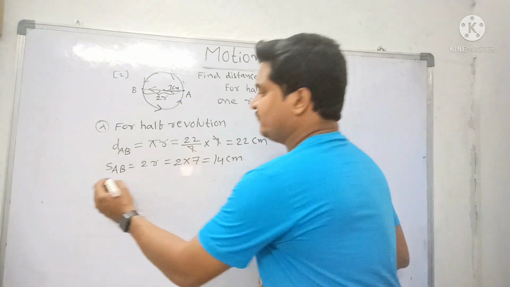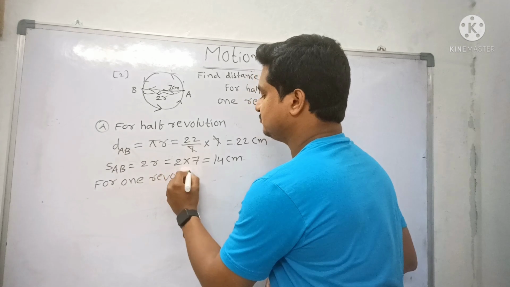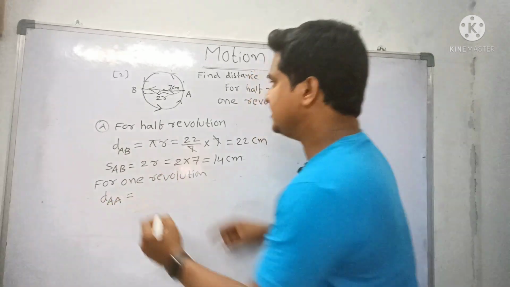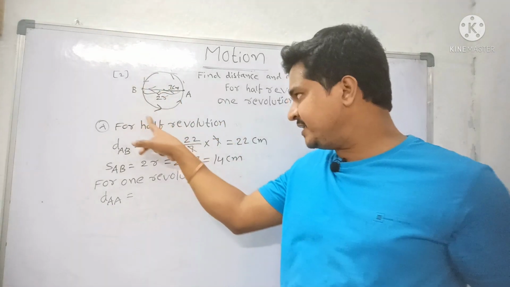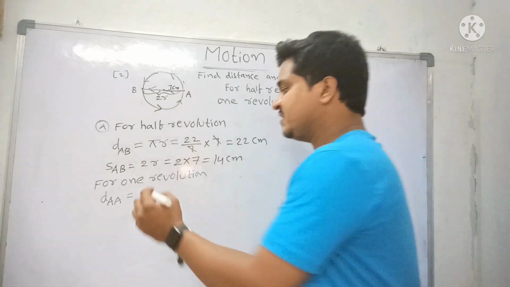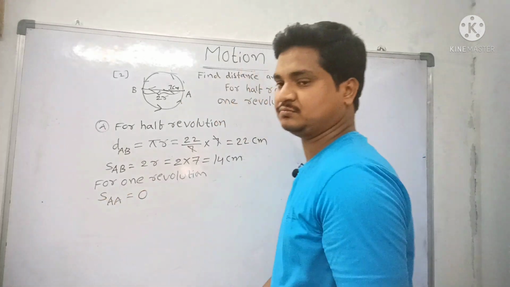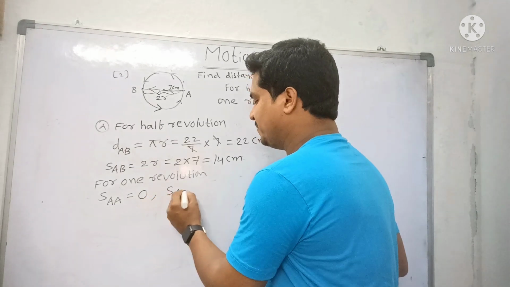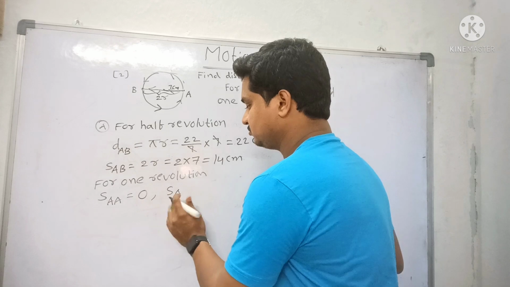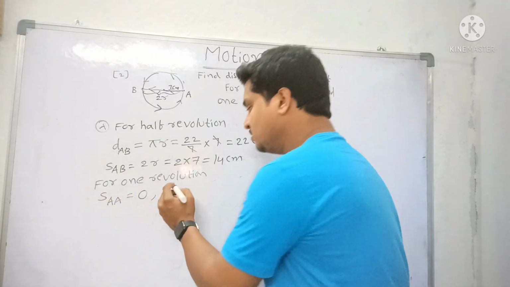Alright. Now for one revolution, from A to A. Here the initial point will be A. After completing the revolution, again it comes to A. Initial and final will be the same. Then the displacement from A to A is 0.